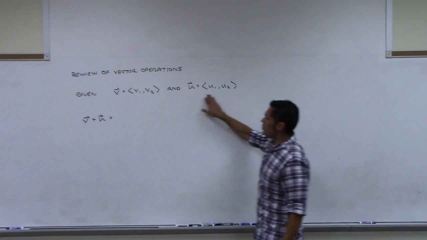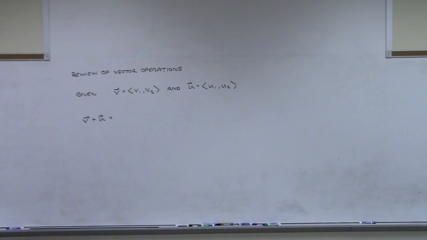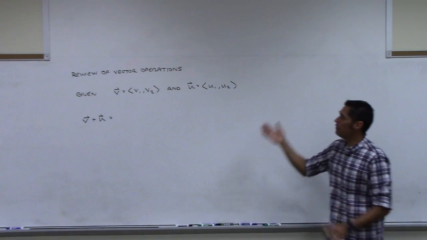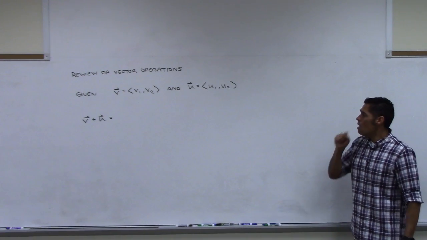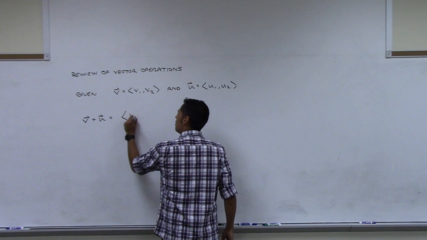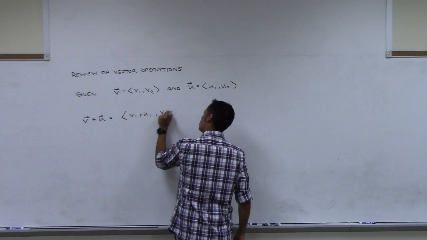So we have component forms of the vectors. If we're adding the 2 vectors together, how do you add them? Okay, so that's the visual way, right? But if you just have the component forms, how do we add them? You're going to do v1 plus u1, comma, v2 plus u2.